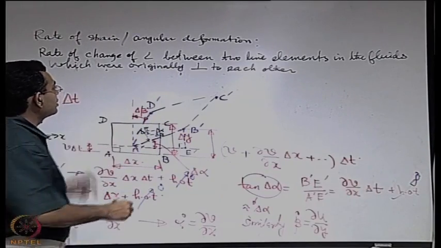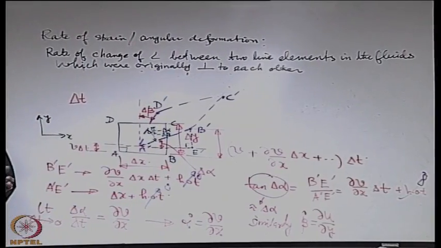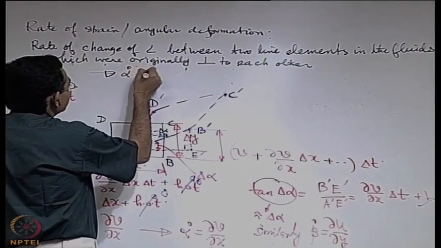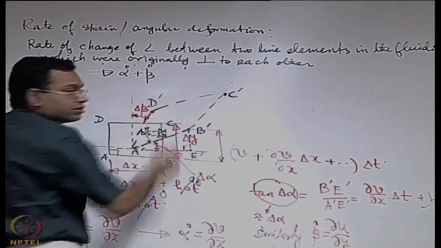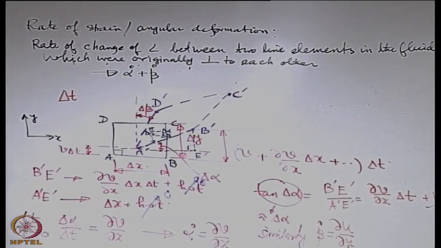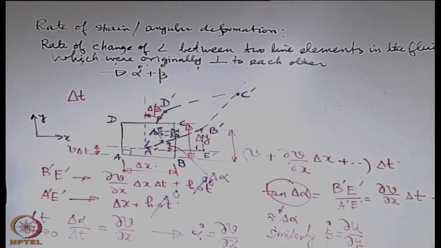So, it becomes delta alpha plus delta beta, that is the total change. So, the total rate of change is alpha dot plus beta dot. It is like delta alpha plus delta beta is the change, the rate of change is you divide those by delta t and take the limit as delta t tends to 0.